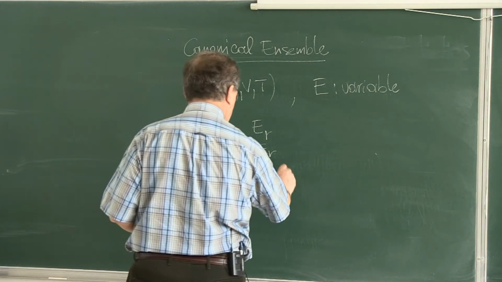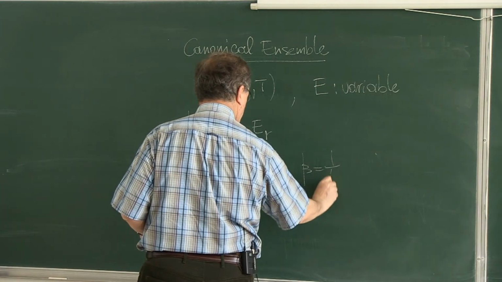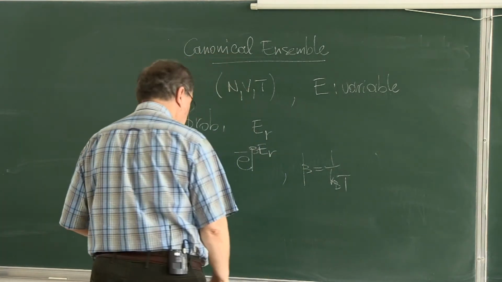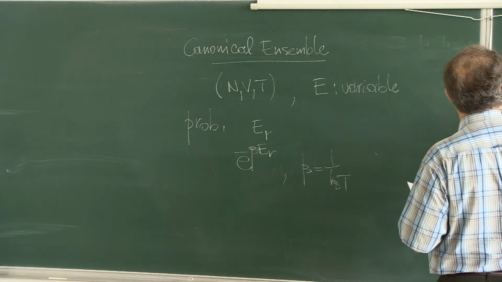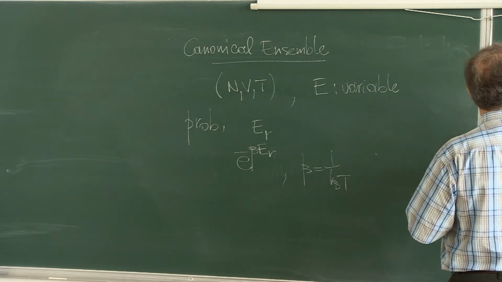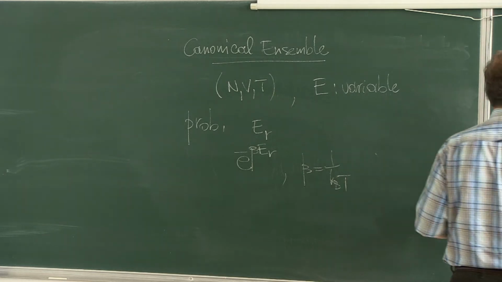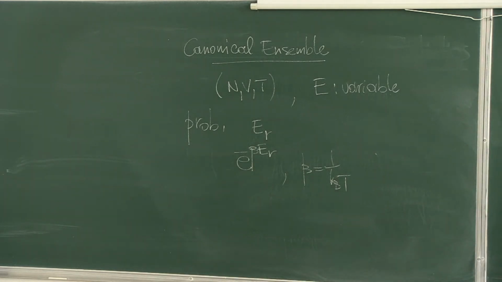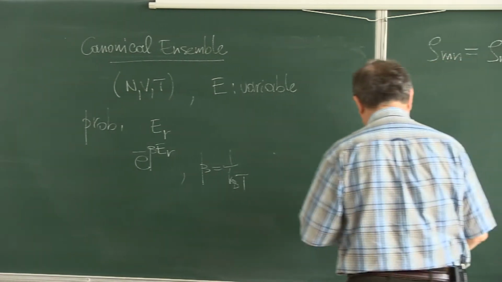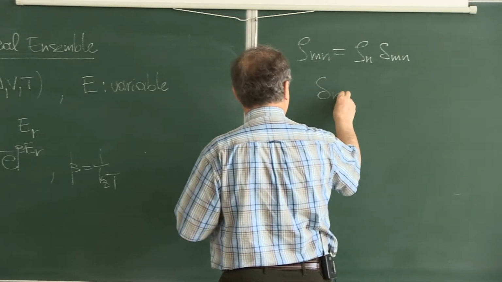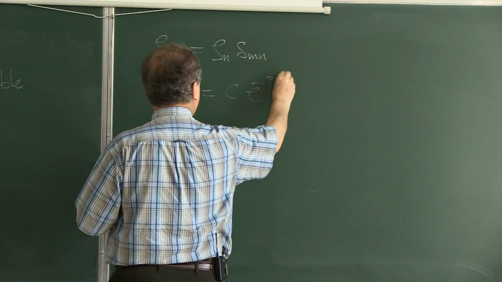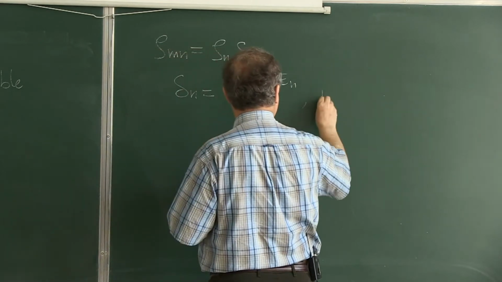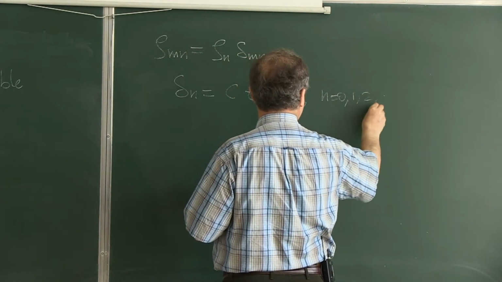We have done this, where beta is 1 over k_B T. So the density matrix takes the following form: rho_nn' is rho_n delta_nn', and we are still in the same representation where the density matrix is diagonal, and the diagonal elements will be these probabilities, e to the minus beta E_n, and n is 0, 1, 2, etc.